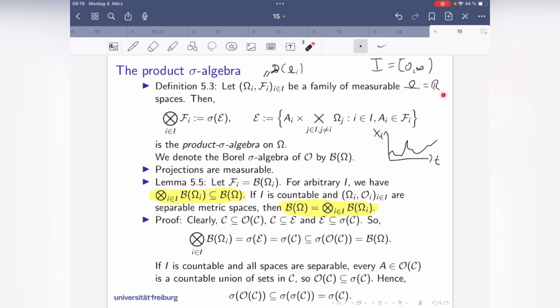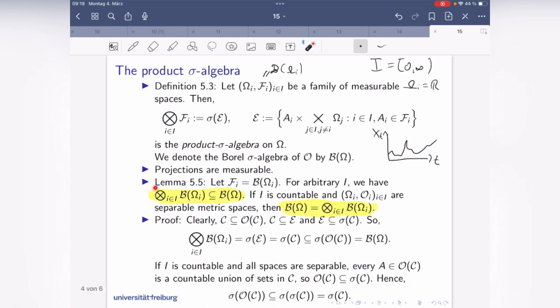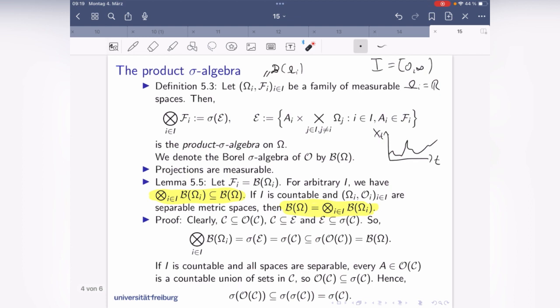And here the omega_i's are somewhat nice. So this arbitrary I is something which is not unusual in probability theory, not at all, but which complicates things a bit. Because here we see we only have subsets. But if I is countable and the spaces are nice, then you have equality, but only then. If I is uncountable, you will never have this.